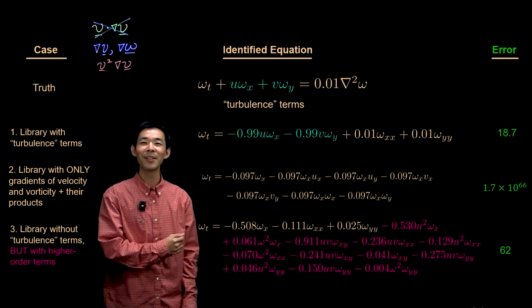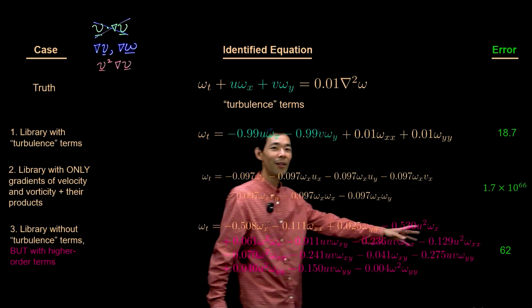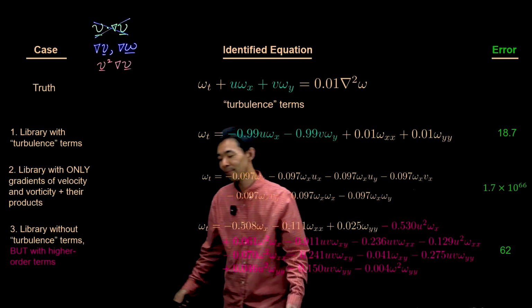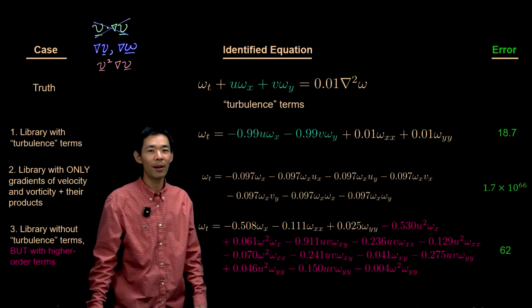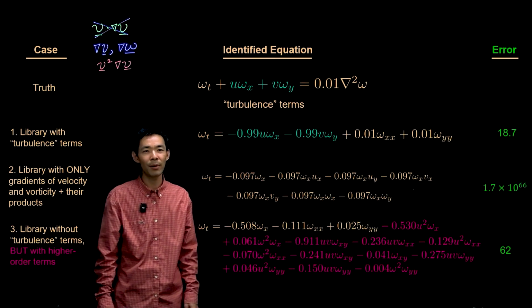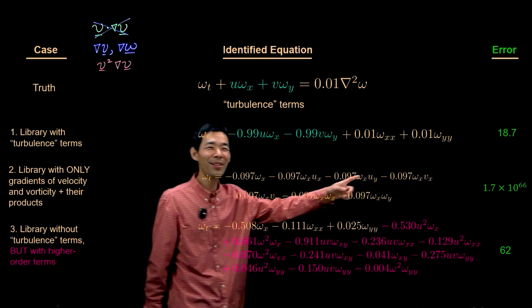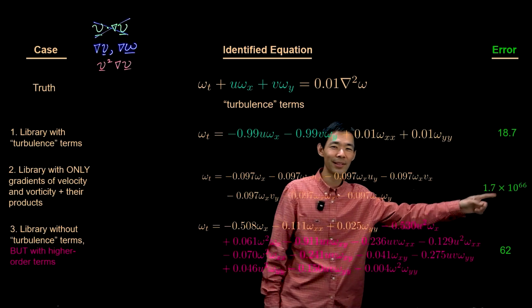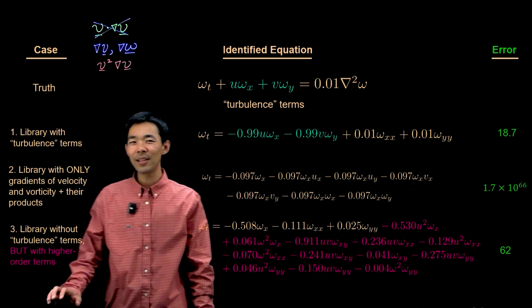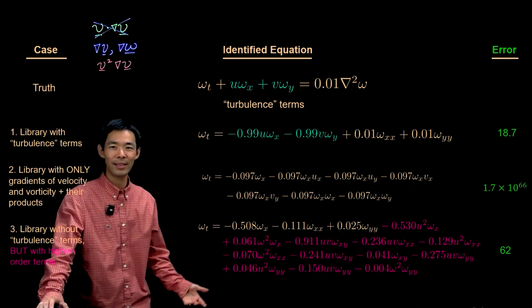Okay? So first thing, the error on the bottom right, 62. Now you look at this and say, oh, that's a pretty high number. Well, actually not really. When you think about something catastrophic like this, 10 to the 66, 62 is actually pretty decent.